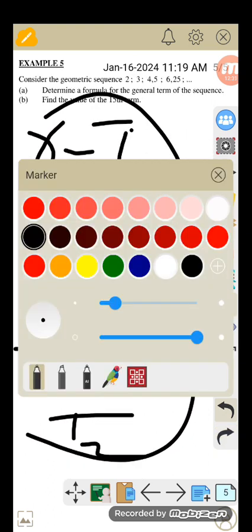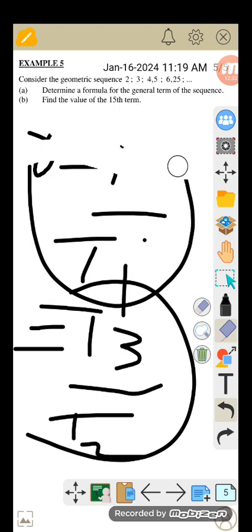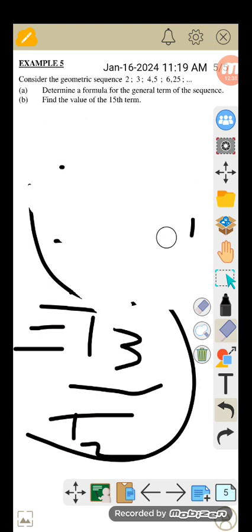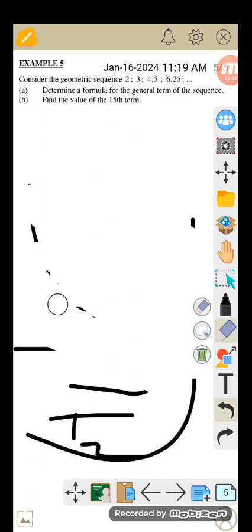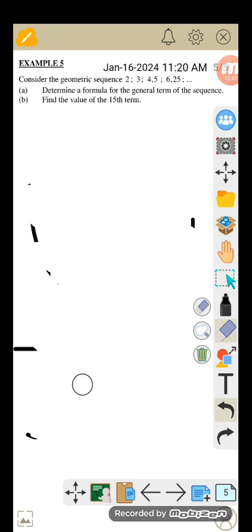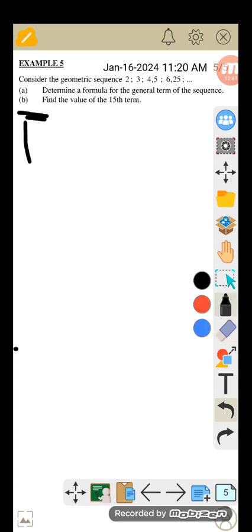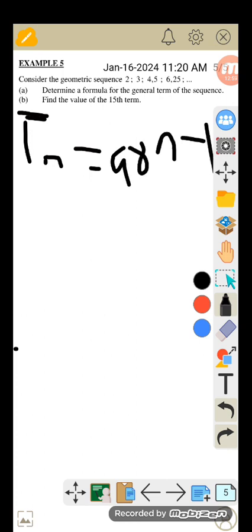Therefore, we substitute it into our formula to determine the general formula of the sequence. Remember, our general formula for a geometric sequence is Tn equals ar to the n minus 1.